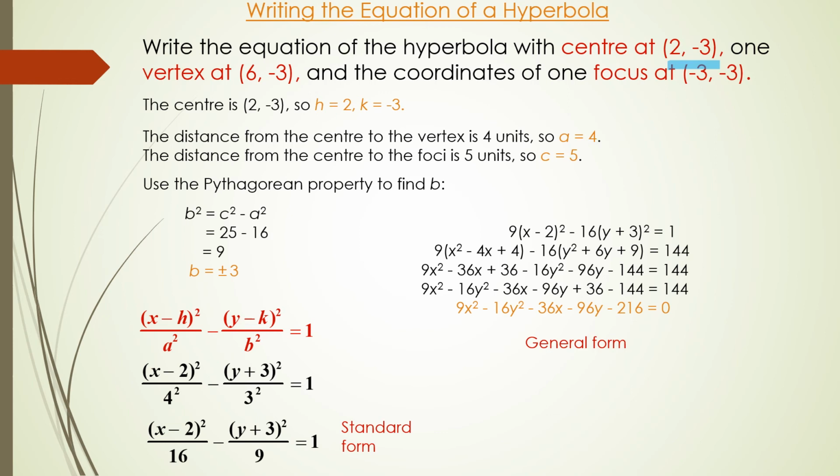Again, write the equation. If not specified, we have the general form and the standard form. At least you'll know how to solve this one. So tips: you have to be very, very careful in distributing, expanding, combining like terms, and simplifying.